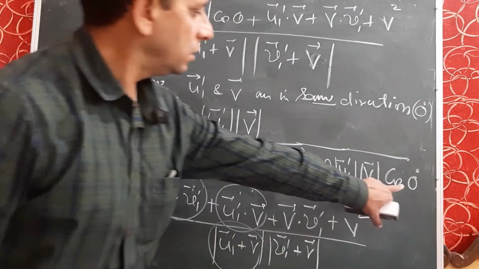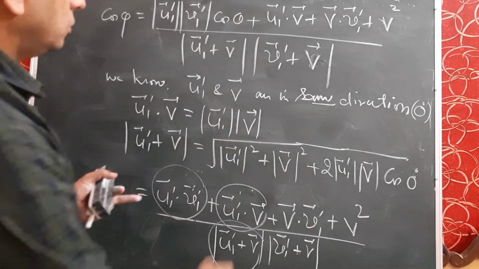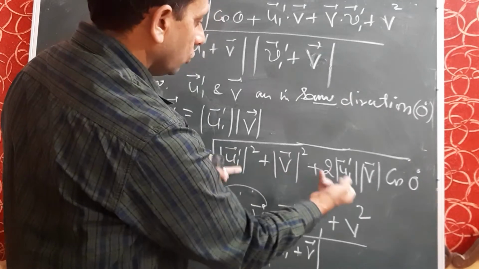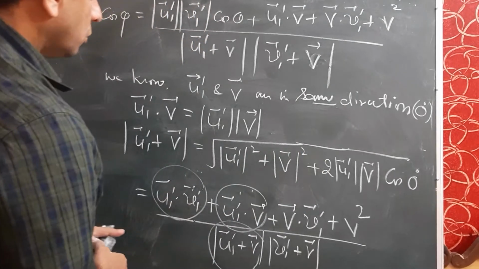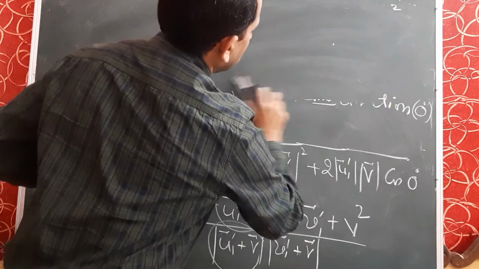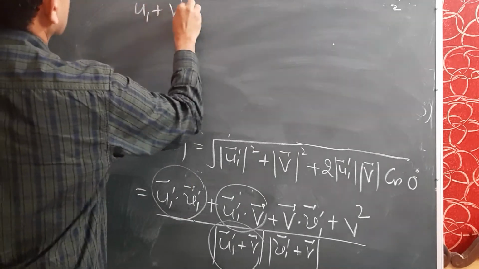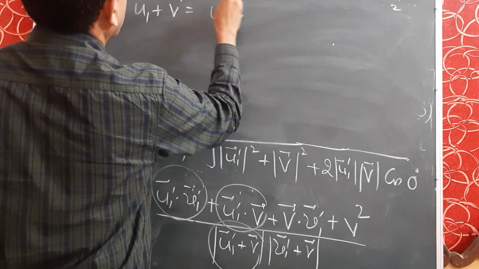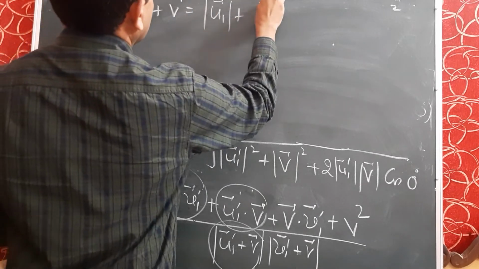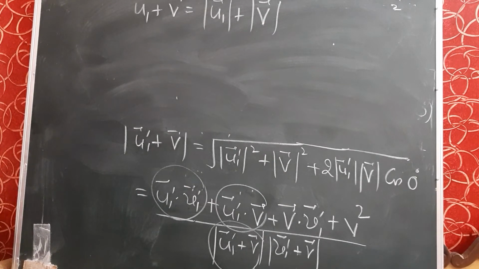We know that cos 0 is 1, so it will become the complete square of u1' and V. So this whole term becomes u1' plus V whole square, and the square will cancel with the square root, and finally we will get the value of this term u1' plus V equal to u1' plus V magnitude. So this is independent. So in this way, these terms are obtained.